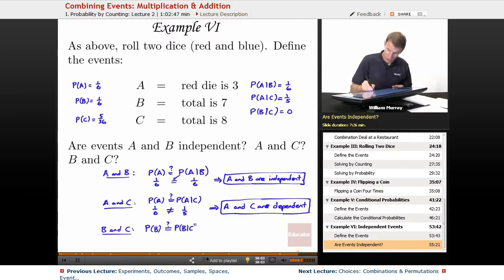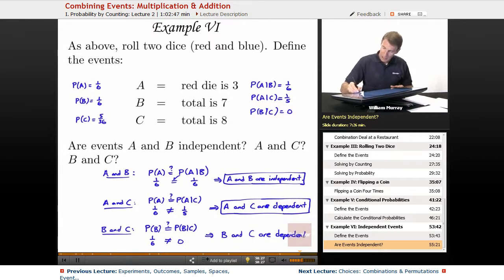That's our formal definition of independence. So let's check and see if those are equal. Probability of B is 1/6. Is that equal to the probability of B given C, which is 0? Is 1/6 equal to 0? No, it's not equal to 0. So that tells us that B and C are not independent, they are dependent.